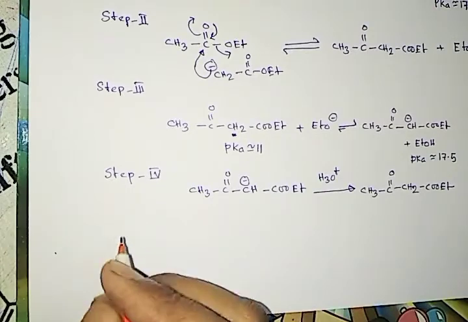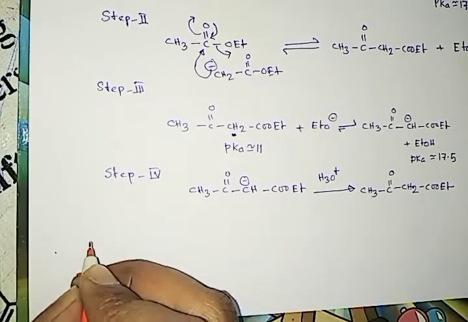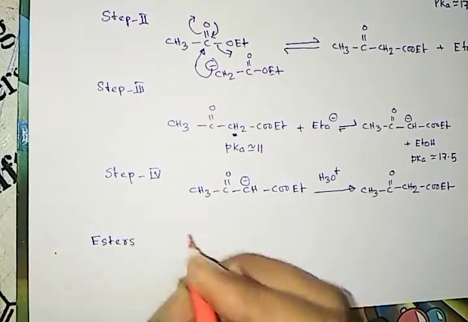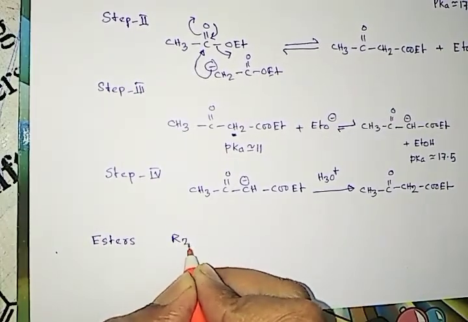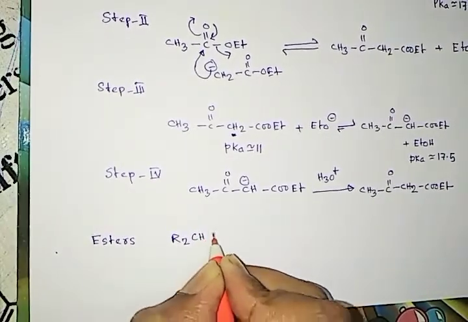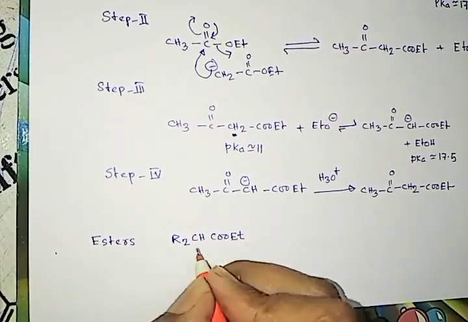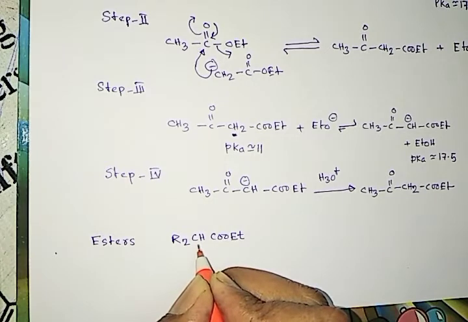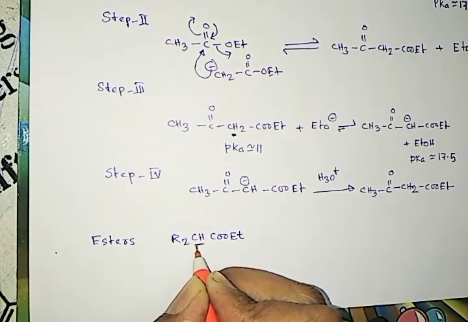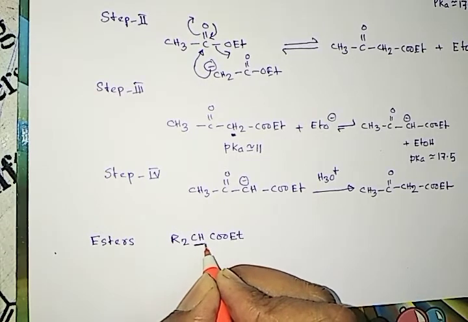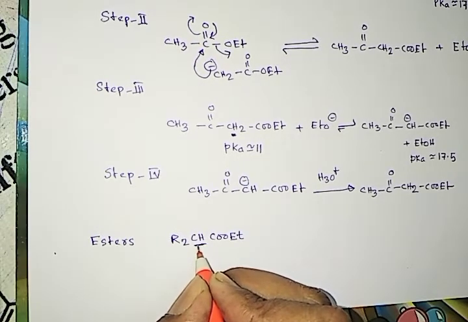Therefore, we can conclude here that esters of the type R2CHCOOEt, this is an ester where we don't have alpha CH2 functionality. Here we have only one CH, not CH2.